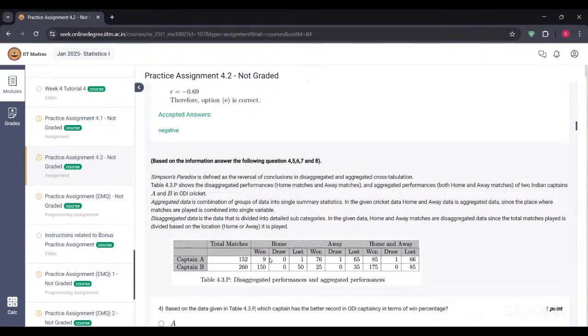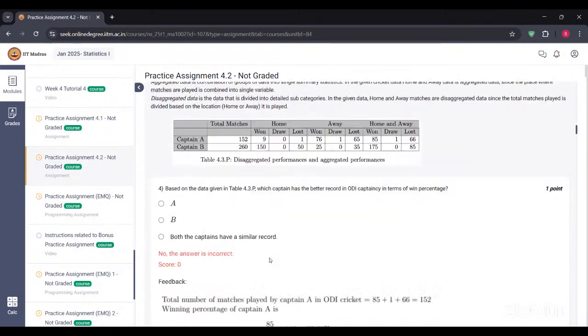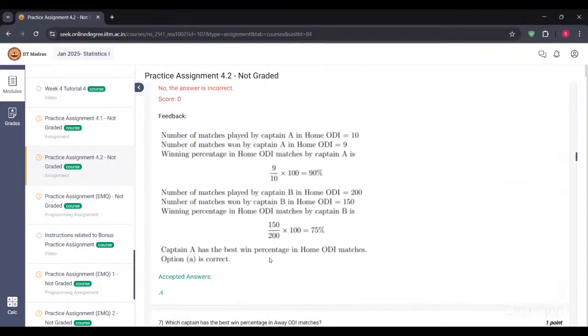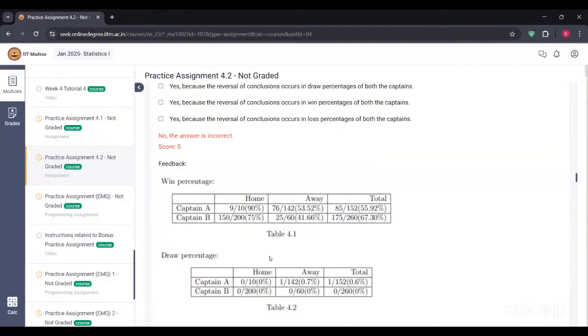So the relative frequencies are basically the proportion. We are just calculating the proportion of the winning percentage of Captain A at home. So what will the outcome, ma'am? Will the sample size affect the paradox or not?